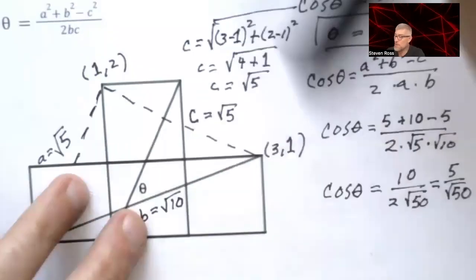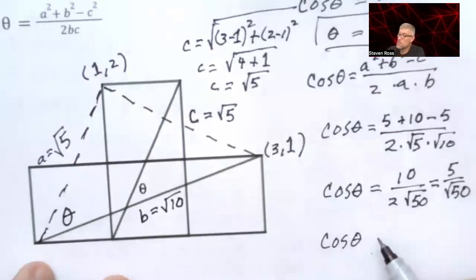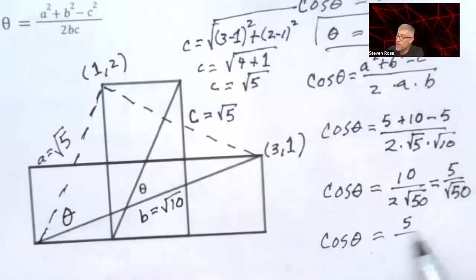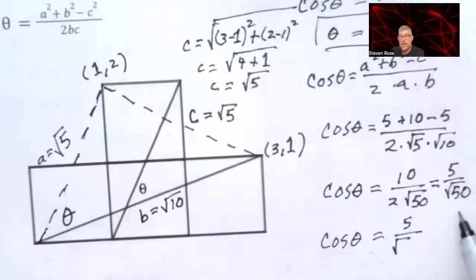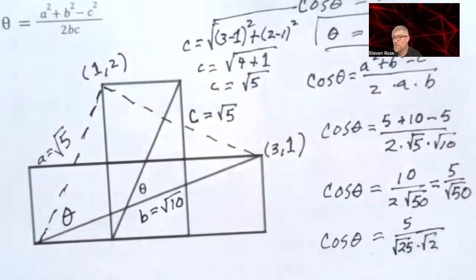And let's keep going. Cosine of theta is equal to 5 divided by, let's break up the square root of 50 into a known perfect square. Square root of 25 times a non-perfect square. 25 times 2 is still equal to 50. So square root of 25 times the square root of 2 will equal the square root of 50.